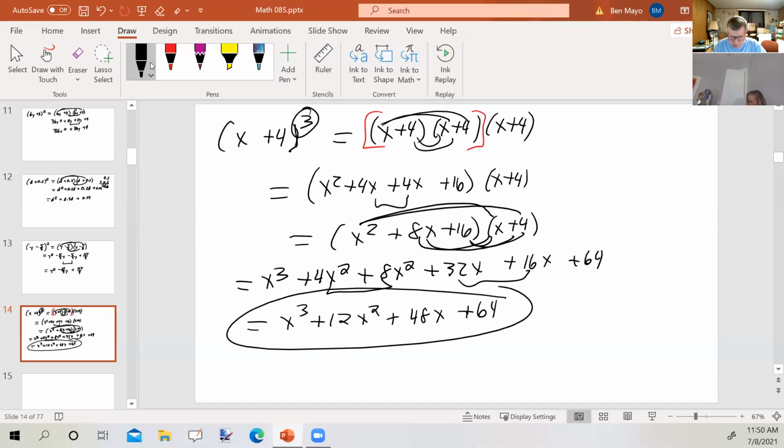So we get this huge polynomial. But again, x plus 4 cubed is not equal to x cubed plus 4 cubed. That's the common wrong answer I see on tests and homework. Don't go there. All righty.